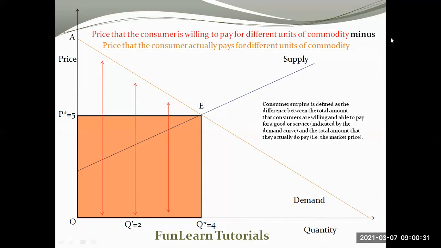So since the line is in red, we'll look at the red lines, which show the total area below the demand curve up till the equilibrium point. So that's the price that the consumer was willing to pay for different units of commodity. Was that the actual case? No. The price that the consumer actually pays for different units of commodity is given by the orange shaded portion.